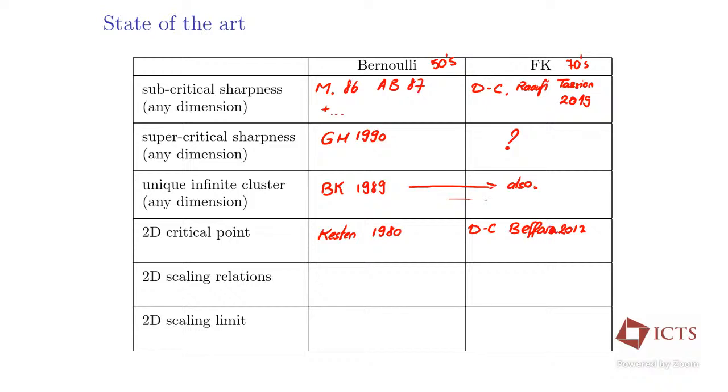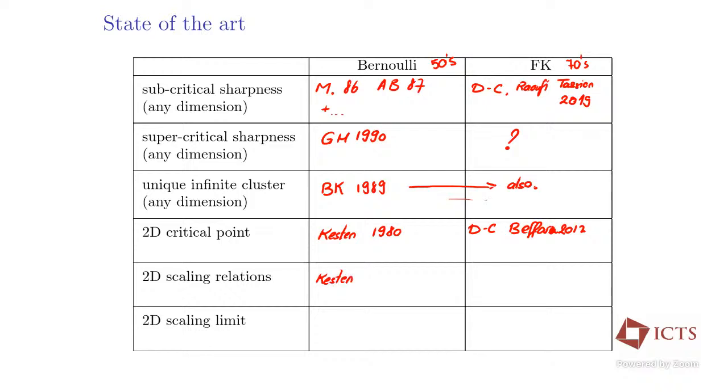Since then, there are several other proofs. So what I wanted to show you is that there is a large delay between the results for Bernoulli percolation and the same results for FK percolation. And this is not only due to the fact that it was invented a bit later, but there are significant additional difficulties.